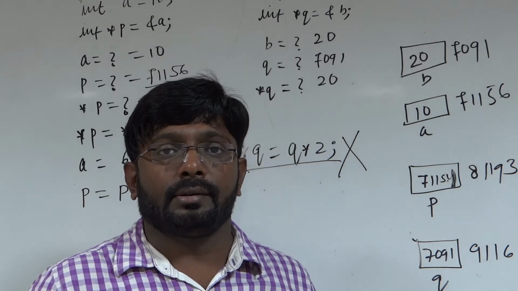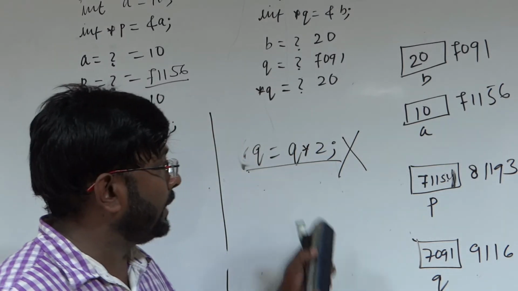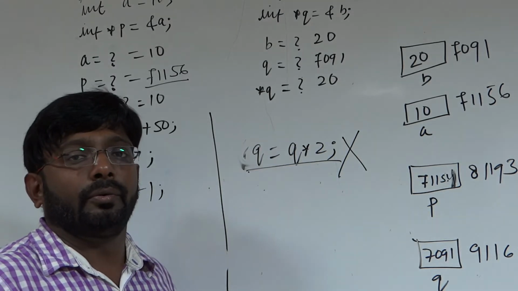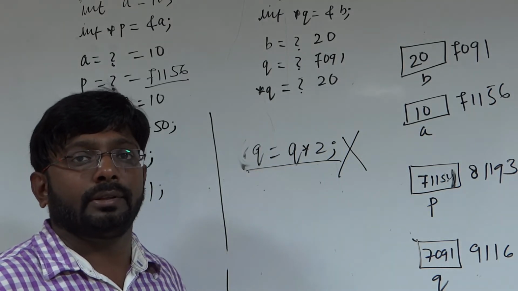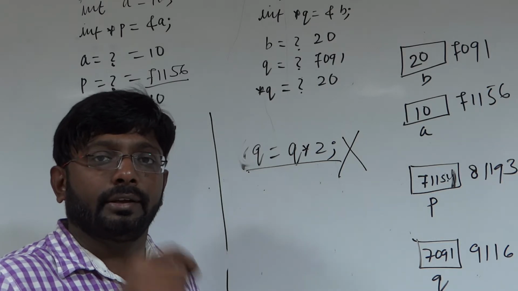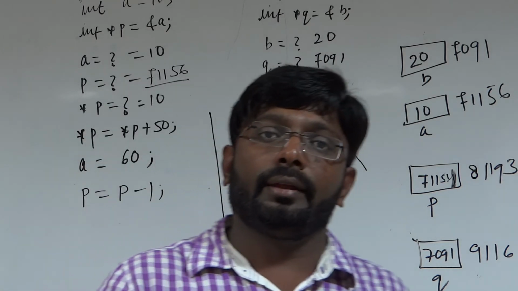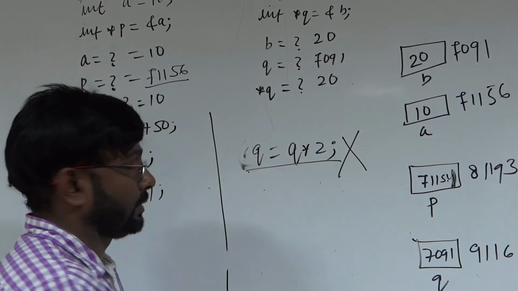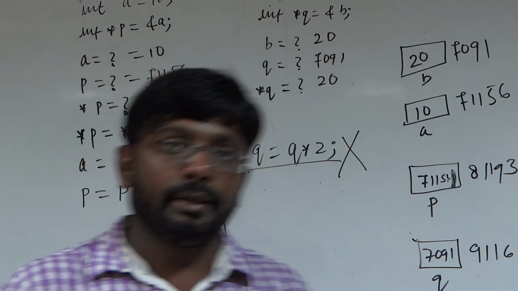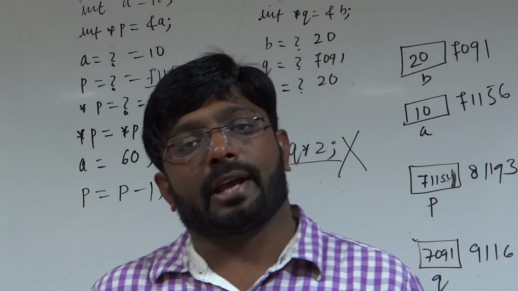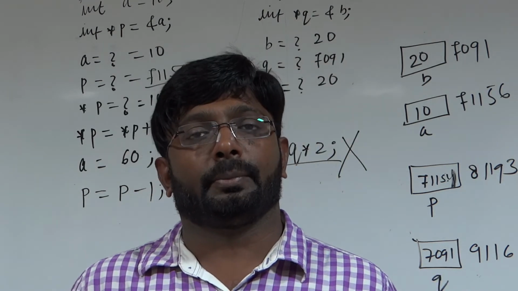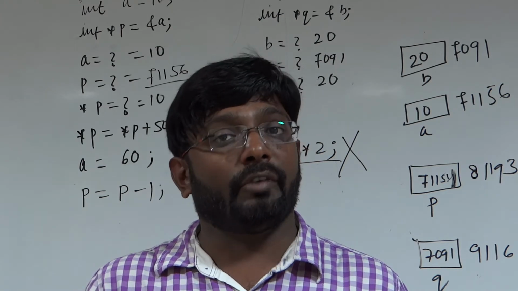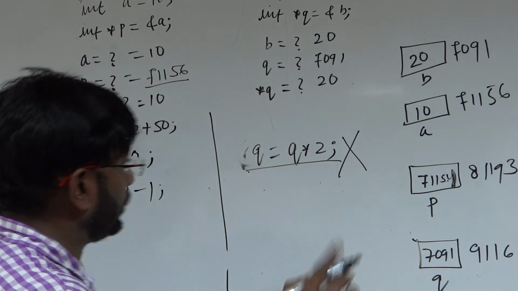So we cannot multiply or divide any pointer variable with any other variable or any other constant. So only addition and subtraction is possible with the pointer variables. I am telling you with the pointer variables, not with the values. Don't be confused.